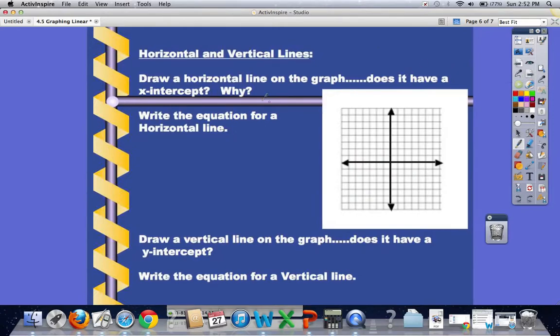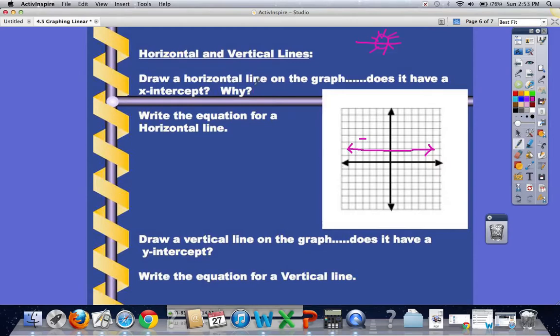All right, horizontal and vertical lines. Remember we talked about horizontal, the horizon. Think of the sun on the horizon. The horizon is going this way. So we want to draw a horizontal line anywhere on our graph. All right.